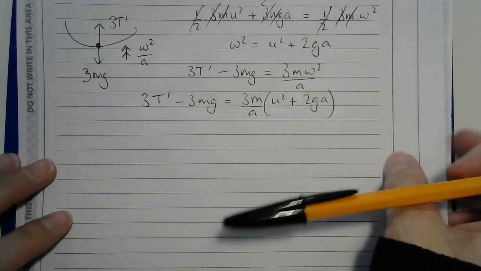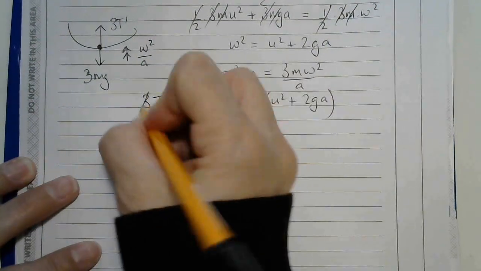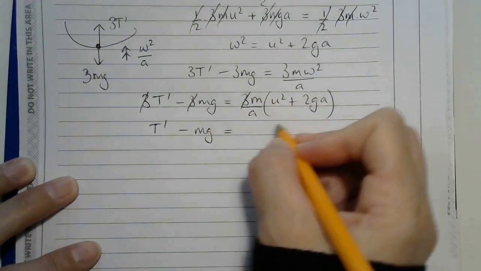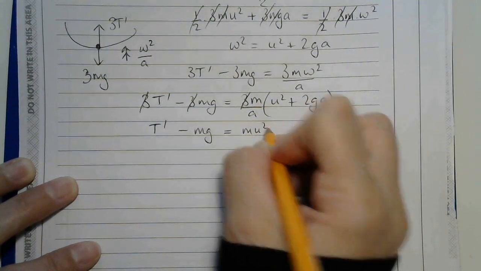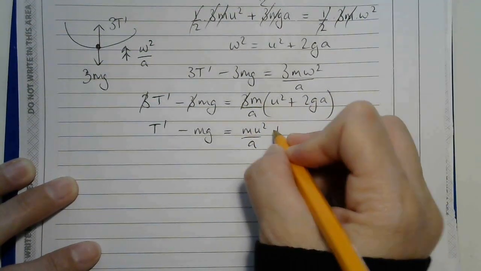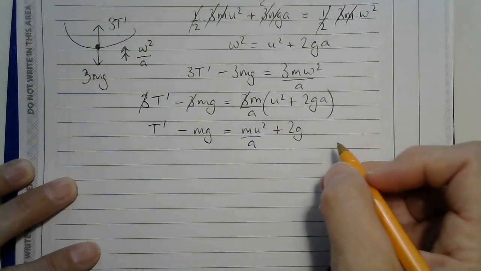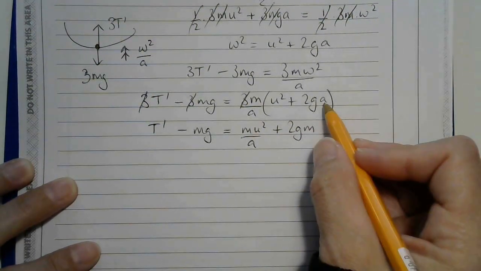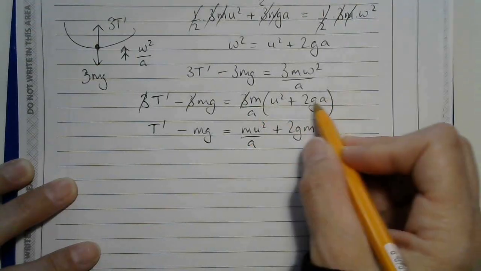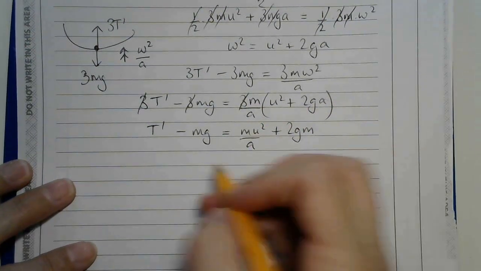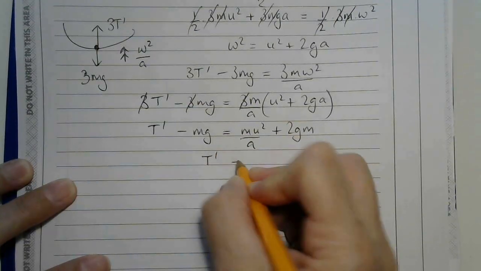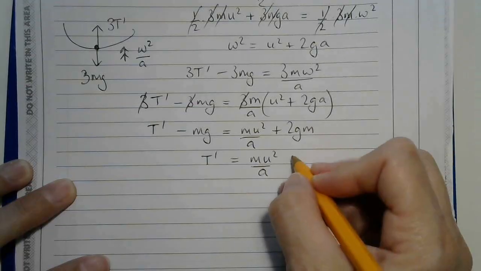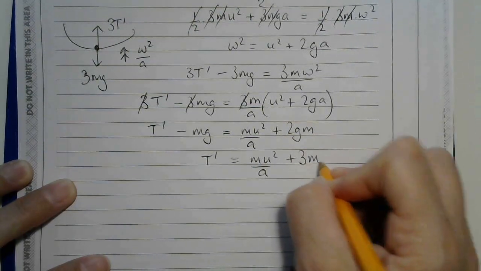So tidying this up a little bit, I've got 3's everywhere. I get T dash minus mg equals mu squared over a plus 2mg, sorry, because here the a's cancel. And so now I get that T dash is mu squared over a plus 3mg.